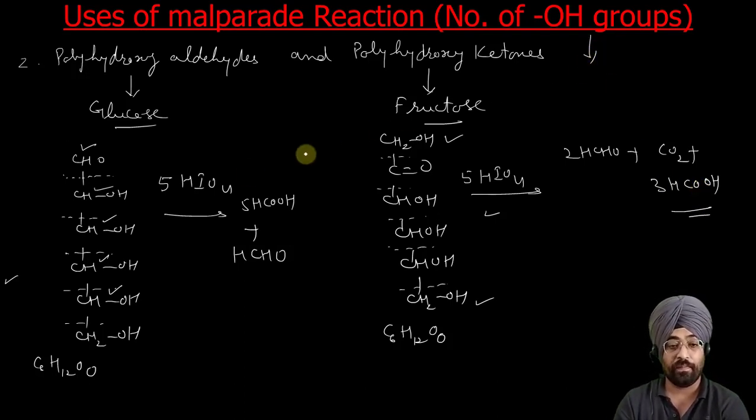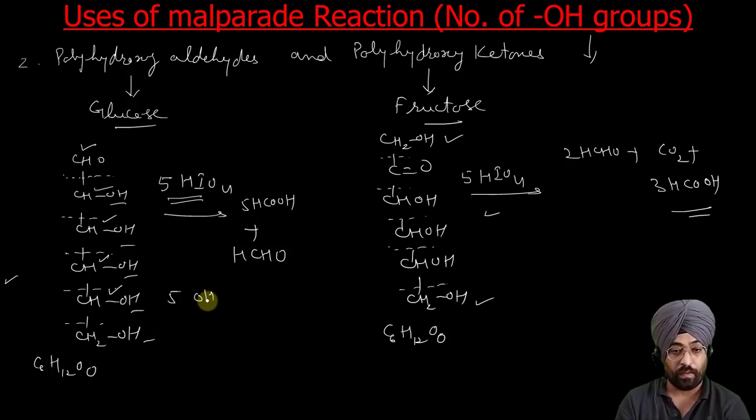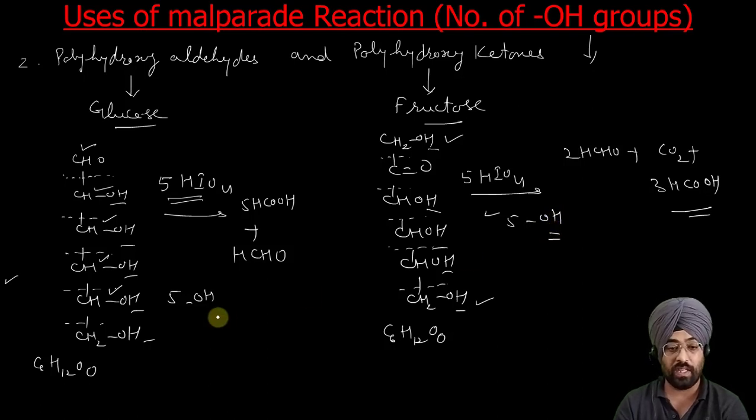Now you can see 5 moles of HIO4 have been used to oxidize glucose. Now this glucose contains how many OH groups? 1 2 3 4 5, 5 OH groups. Similarly, this fructose contains 1, 2, 3, 4, 5, 5 OH groups. So both glucose and fructose have 5 OH groups, and for these 5 moles of HIO4 are used.